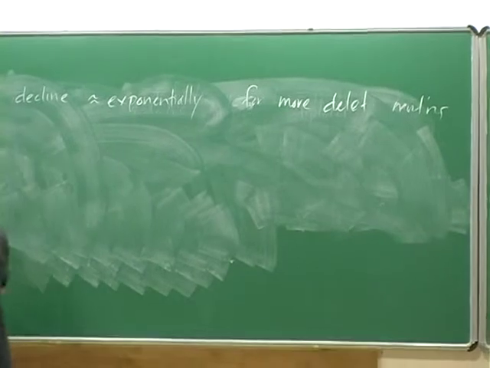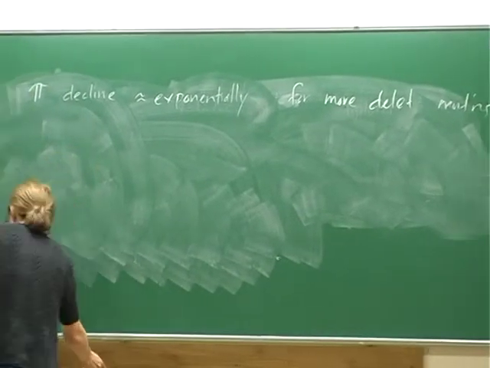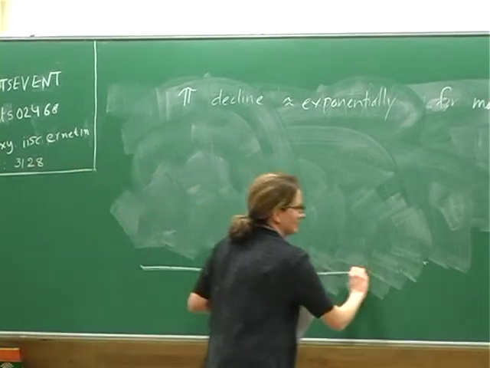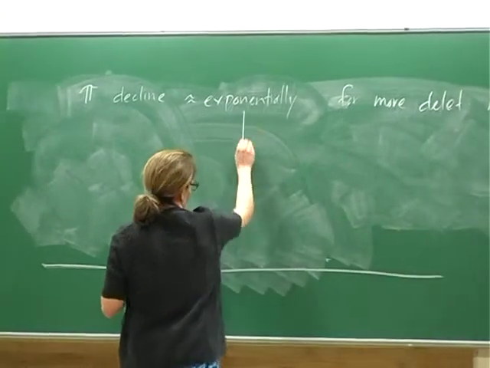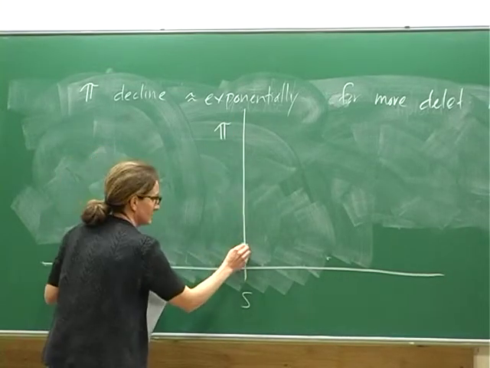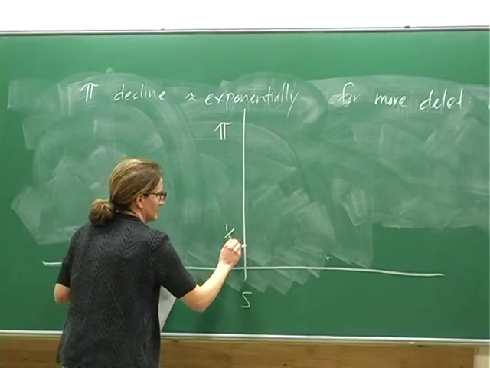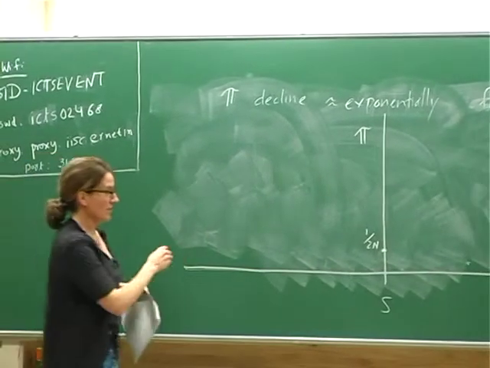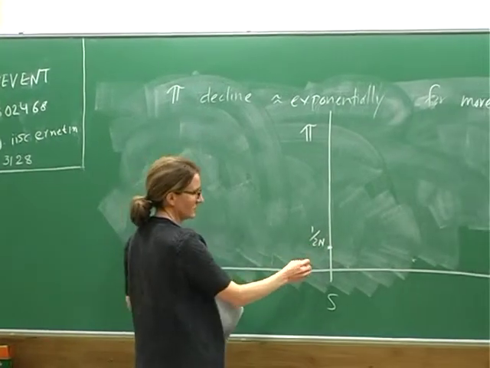If we put it all together, you get a picture like this. So when s is 0, for a mutation that first occurs in a single copy, here's the fixation probability.